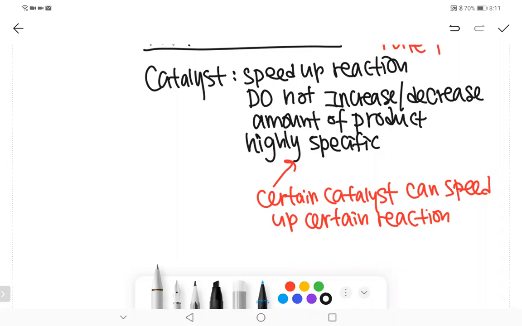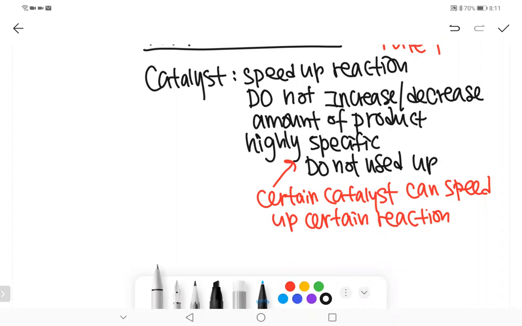And lastly, catalysts do not get used up. This means the amount of catalyst will not change. When the reaction started, you have 1 kilogram of catalyst. Once the reaction finishes, you still have 1 kilogram of catalyst.